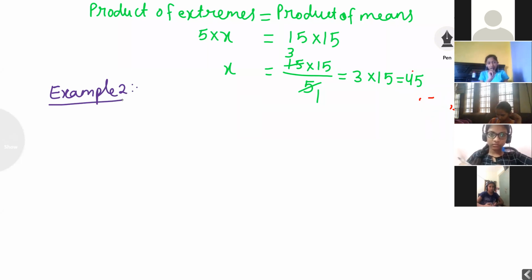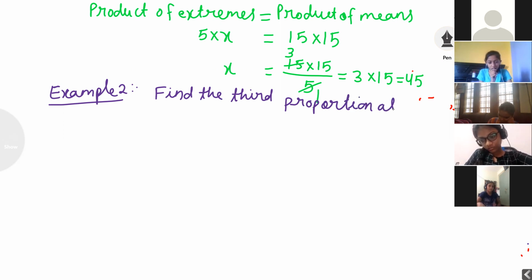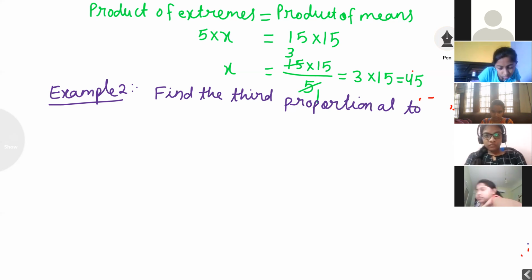Find the third proportion to 2 and 8. Start solving this question, everyone.